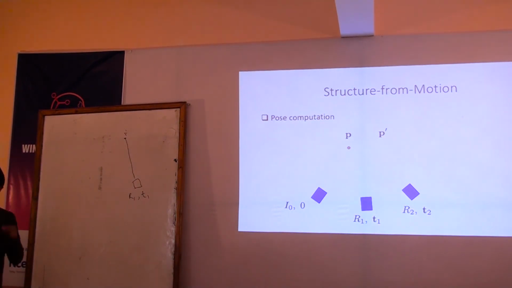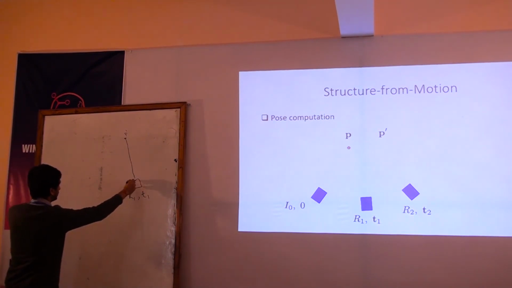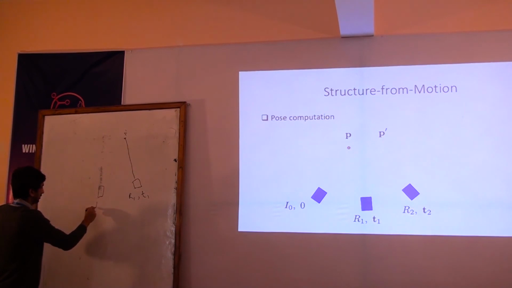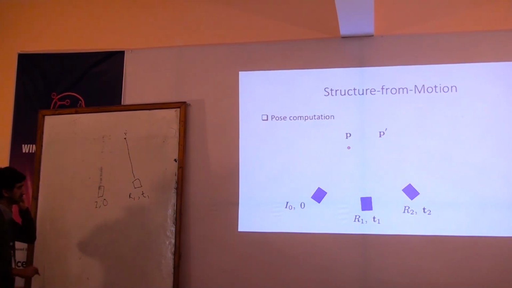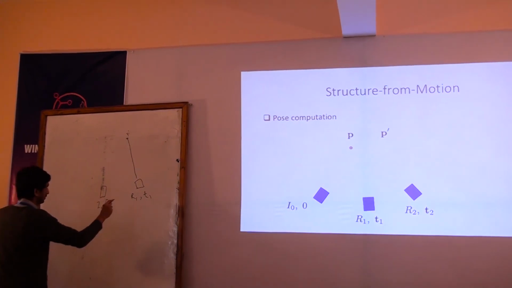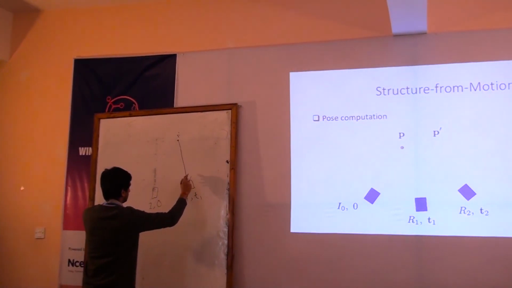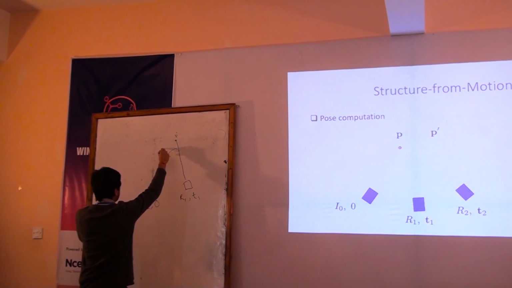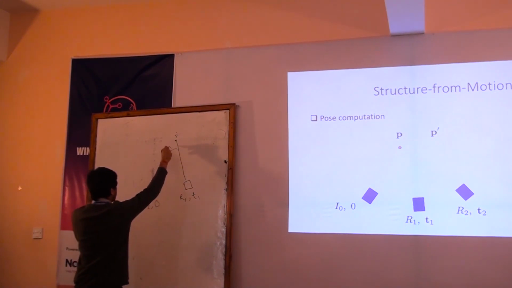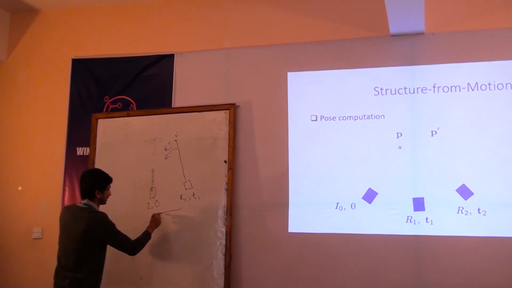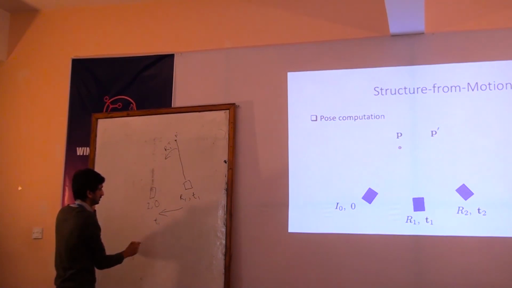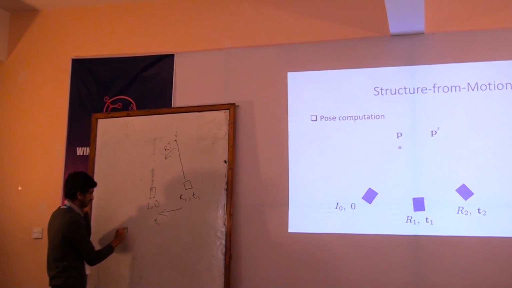The first thing you have to do is rotate the point back to the first camera orientation, and then you need to translate back the point by T1.